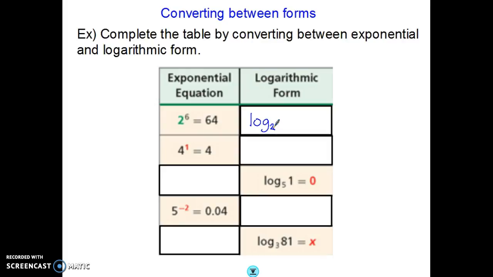And I know that my log always equals the exponent, so this must equal 6 because that's the exponent. So that means that log base 2 of 64, and the only place left for 64 to go, is 6, which in other words means that 2 to the 6th power equals 64, which is exactly what we had over here.